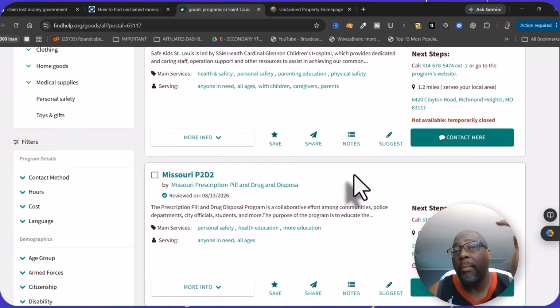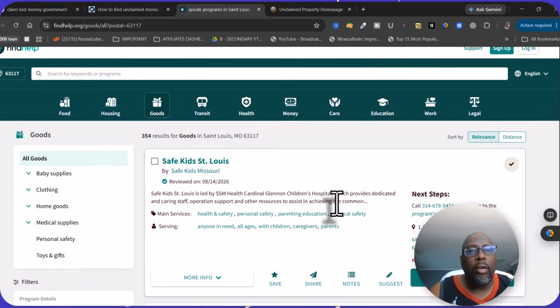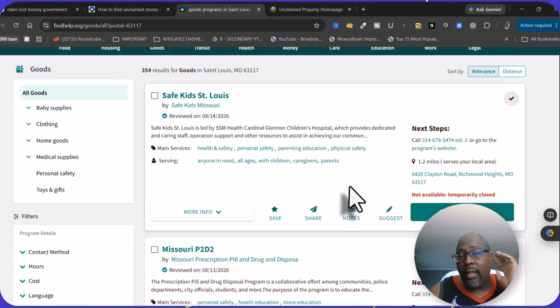A lot of people now, because of the new administration, are losing their Section 8 housing, right? Losing their food stamps and all of this stuff. So these nonprofit programs are what you want to use in order to help you get back on your feet or help you maintain.